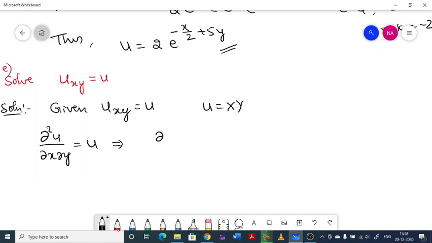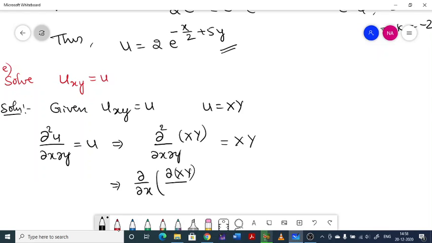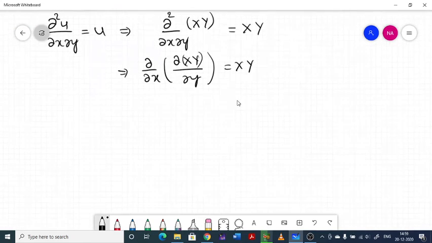Substituting for u, dou square by dou x dou y into XY equal to capital X into capital Y. So this left hand side I can write as dou by dou x of dou of capital XY by dou y equal to capital X into capital Y. So differentiating capital XY with respect to y, you will get dou by dou x of capital X into dY by dy.